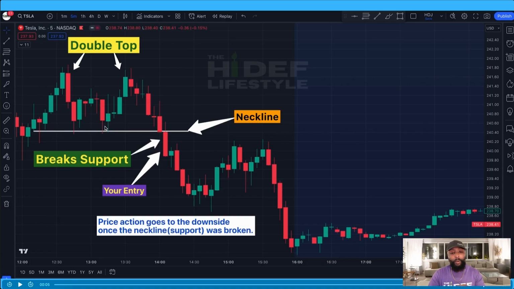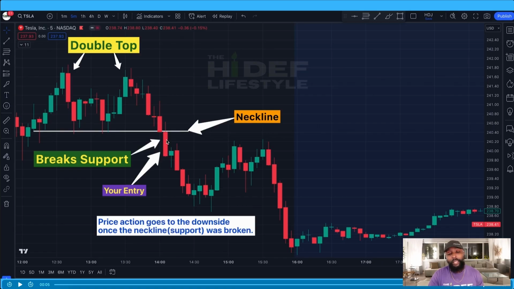All right, so when price action bounced up for the second time from the neckline, it came back down to the neckline here. So to confirm the double top, we want to see a candle close below the neckline. That happened right here on this candle.